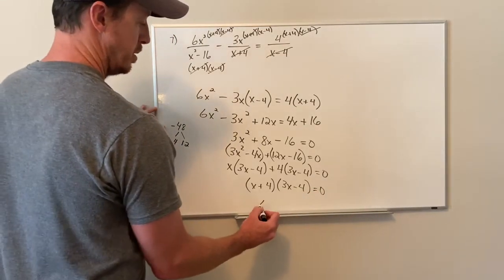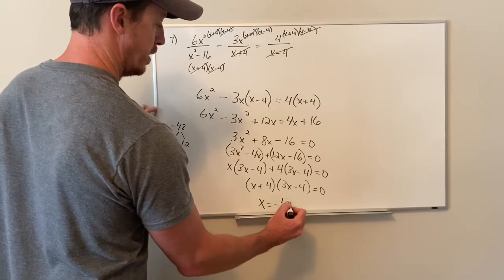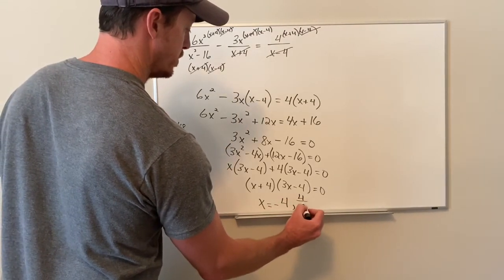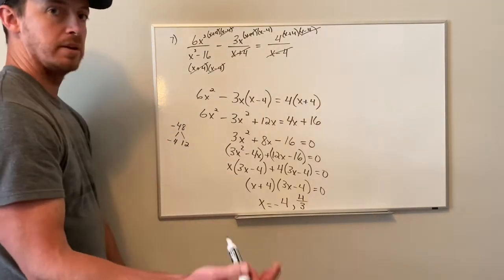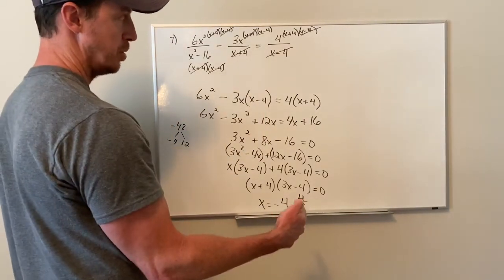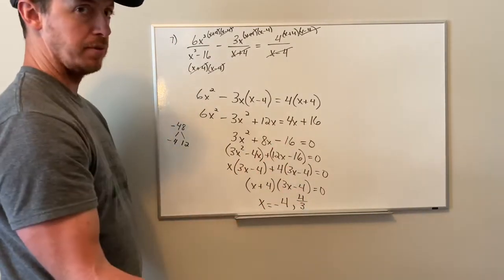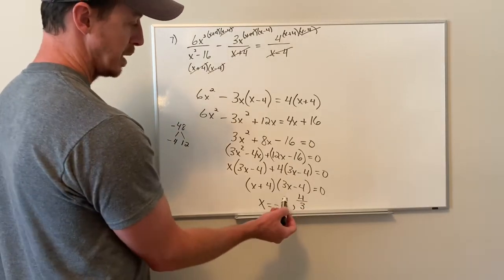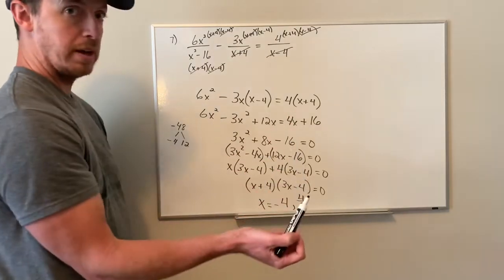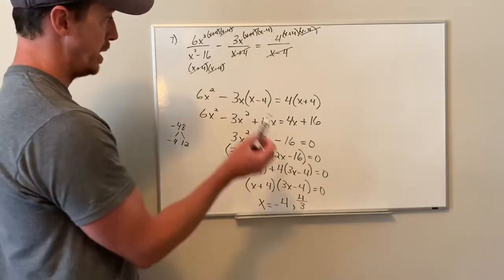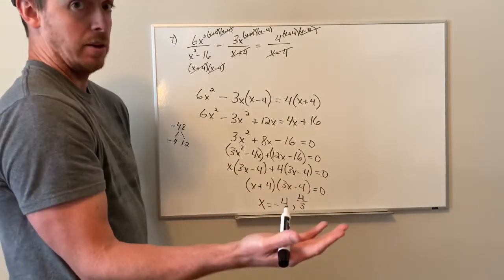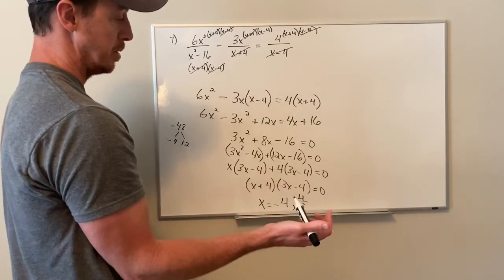And so x equals negative 4 and positive 4/3. Again, take your answers that you come up with, do a quick check. This is the first time this has come up. If I try to plug negative 4 in for x, it's going to make that denominator equal 0, and that denominator equals 0. It only has to make one of them equal 0 to make it no good.